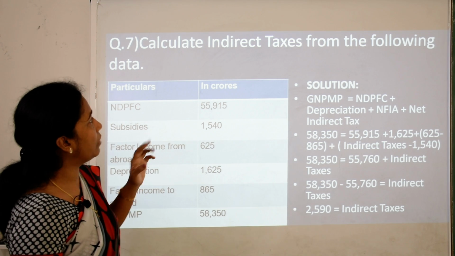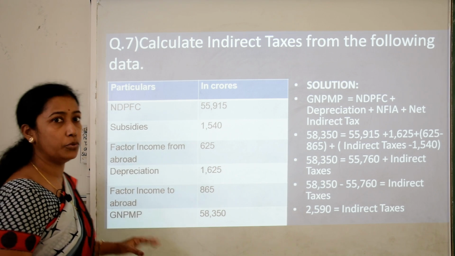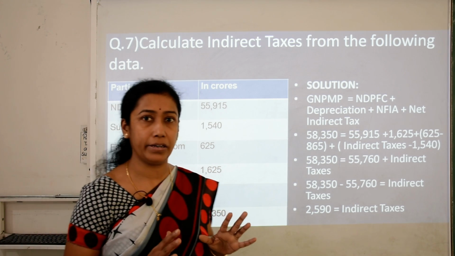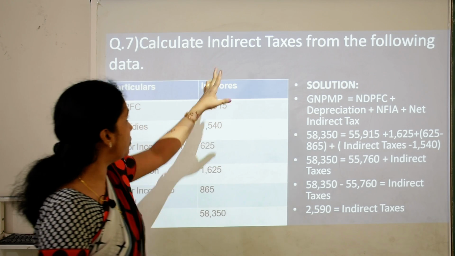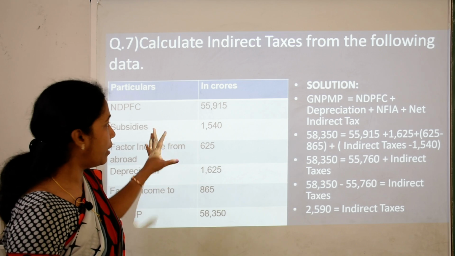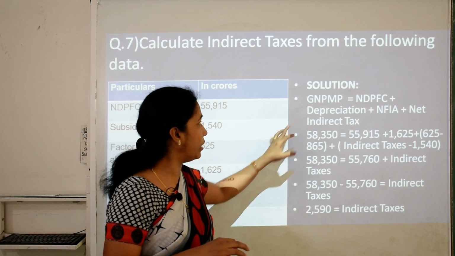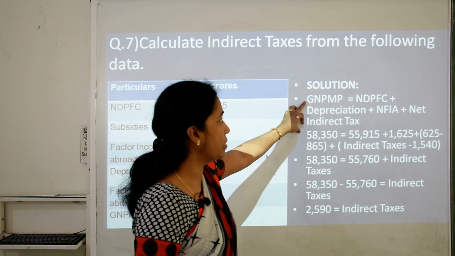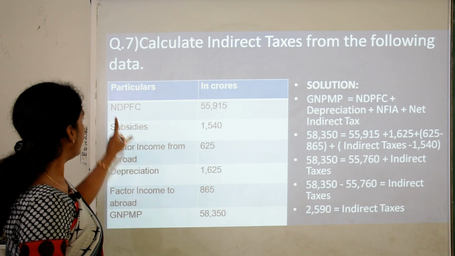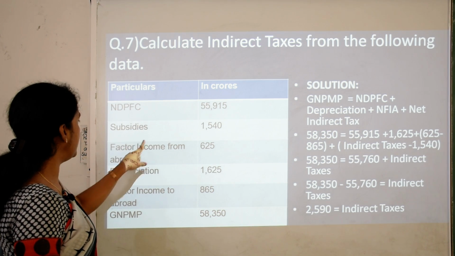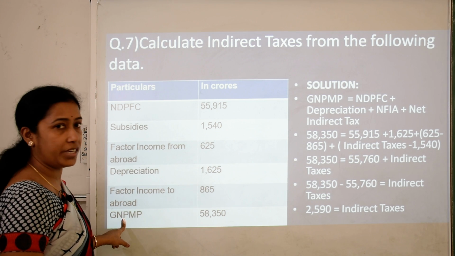Now the seventh question is calculate indirect tax from the following. All these things are given, but you need to calculate only net indirect tax, not domestic income, not national income, only indirect tax. Wherever indirect tax comes, you apply that particular formula. Given here are NDP at factor cost, subsidies, factor income from abroad, depreciation, factor income to abroad, and GNP at market price.